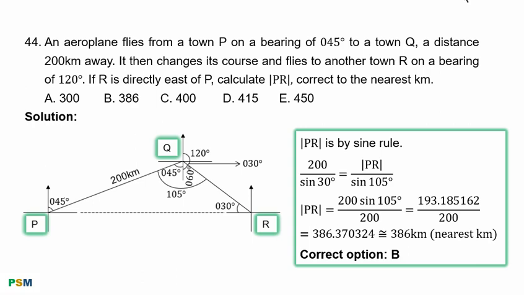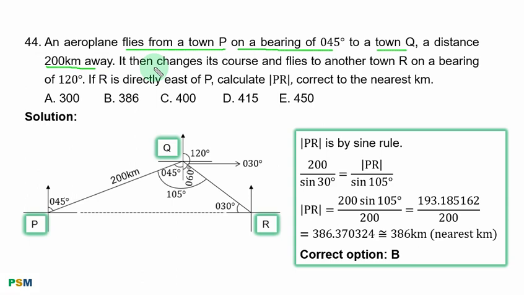Question 44. An aeroplane flies from a town P on a bearing of 045 degrees to a town Q, a distance 200 kilometers away.